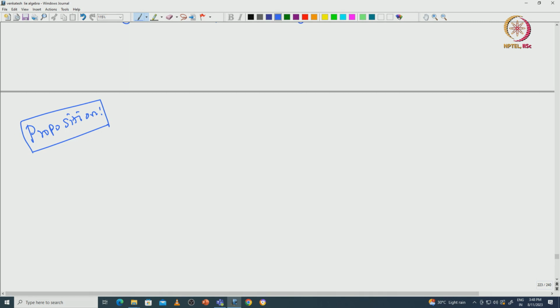So, you have this G as before sitting inside GL of V, where V is a non-zero complex vector space. Then we can prove that there exists some non-zero vector v in V such that v is a simultaneous eigenvector for all x in G. What does it mean?